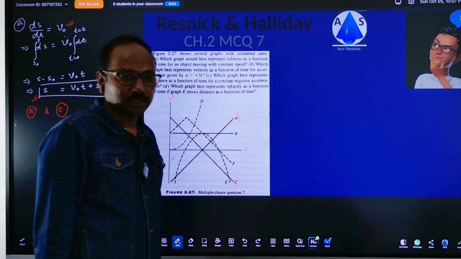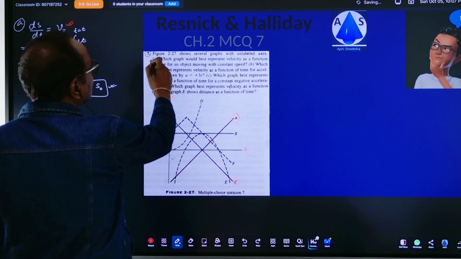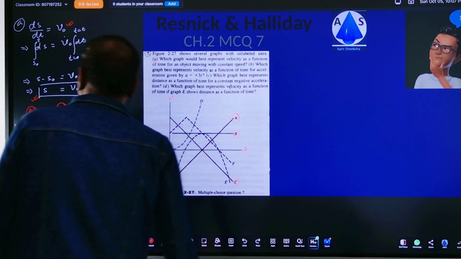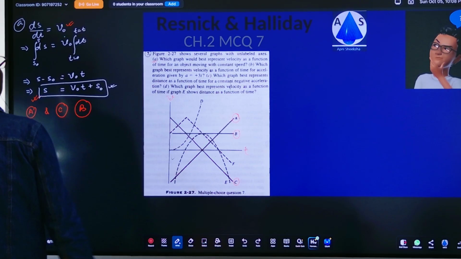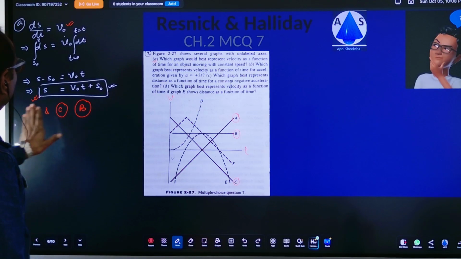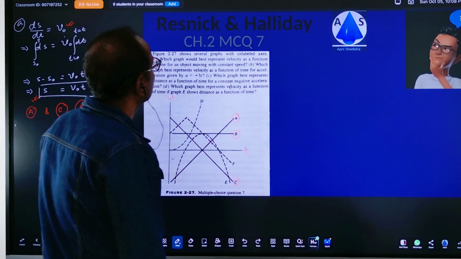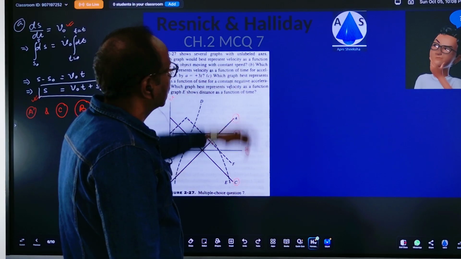B is the constant speed graph. So that also follows your part A. So B will also be the answer for part A. So A, B and C are the graphs representing the object moving with constant speed.